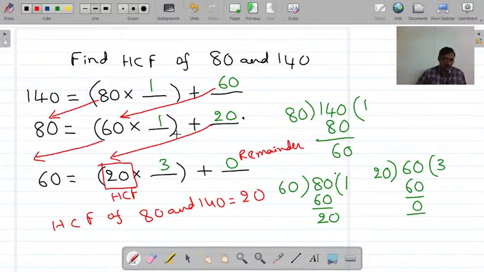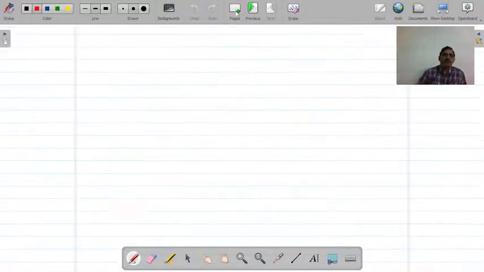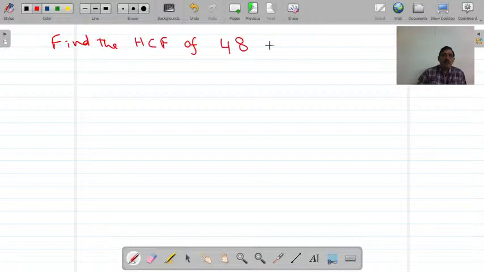Now let us go for one more question. Find the HCF of 48 and 72. Try this.